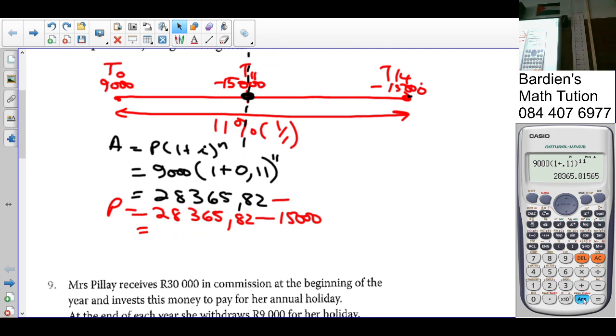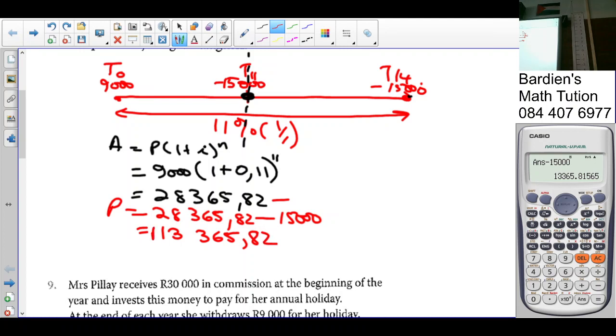So you say answer minus 15,000. That gives you 13,365 rand and 82 cents, which makes that now your new P value at that point.